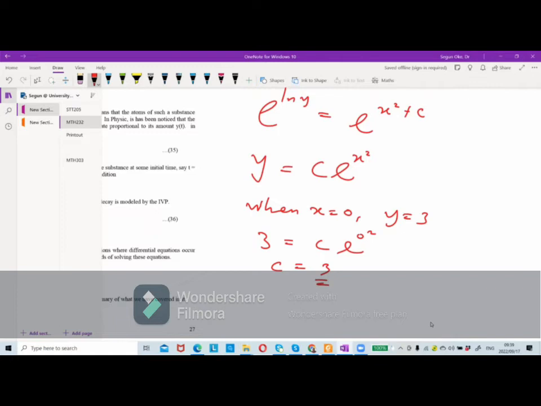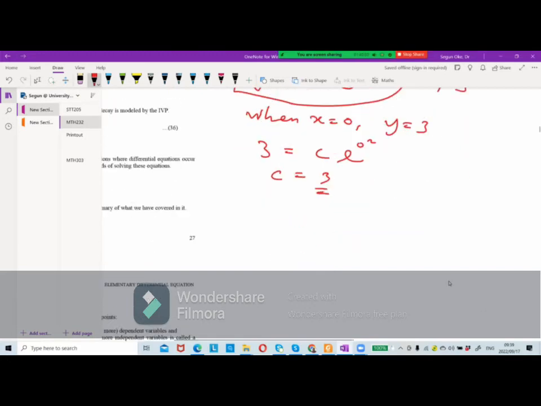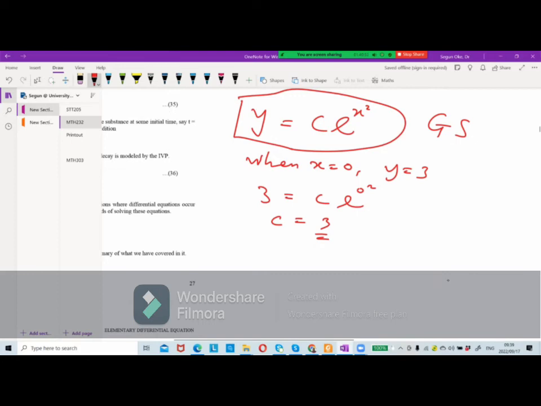Then go back to your general solution, which is this one. Your general solution is here. General solution, let me call it GS. Then I can substitute it there. My y in this case will be 3 e to the x squared. You see a lot of this question in your work. So please take note of that and do yourself a favor by solving some of them.